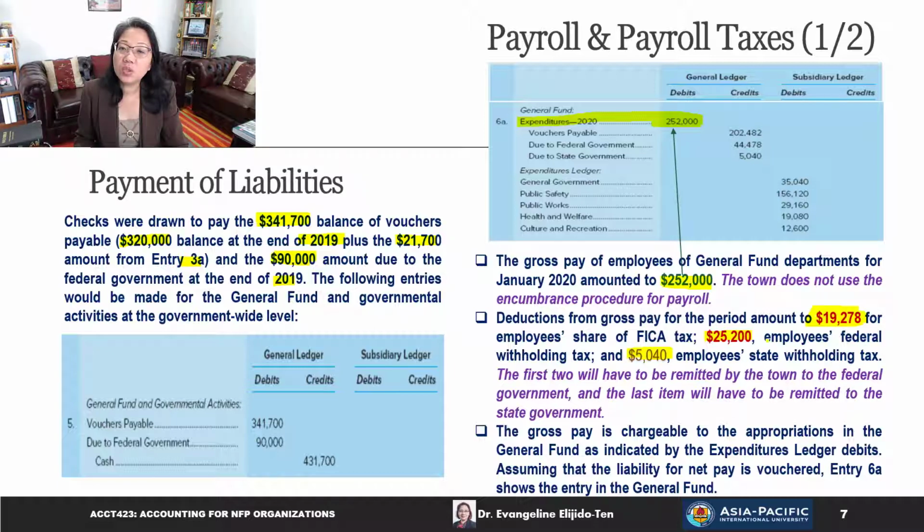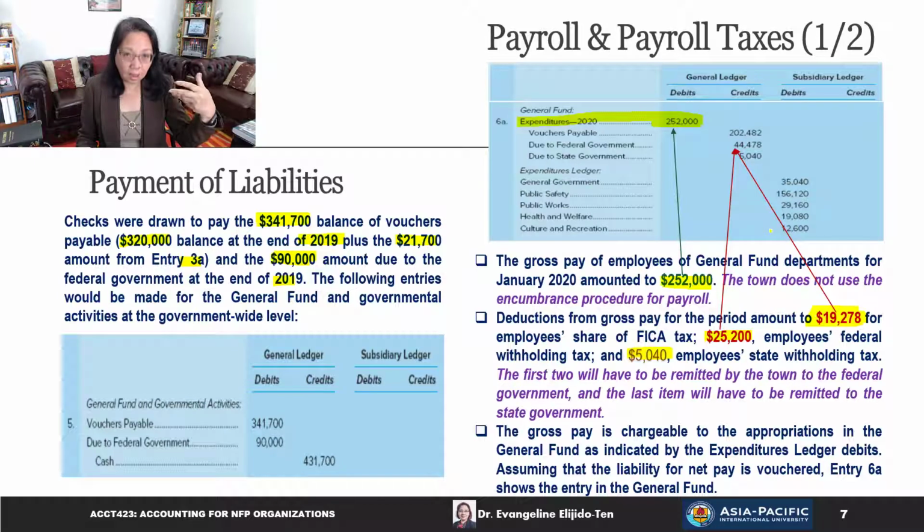What you'll notice here is that the total of the FICA tax and the employees' federal withholding tax, 19,278 plus 25,200, will be owed to the federal government. So we will credit due to federal government, or federal government payable.